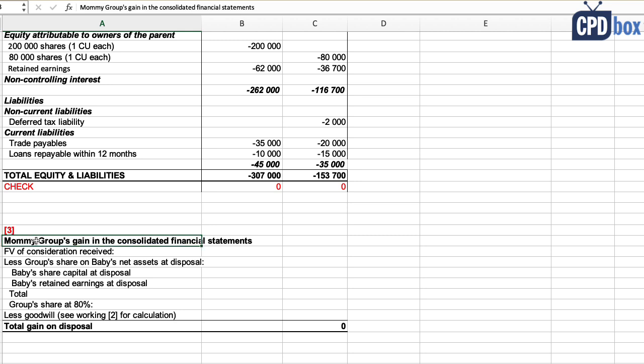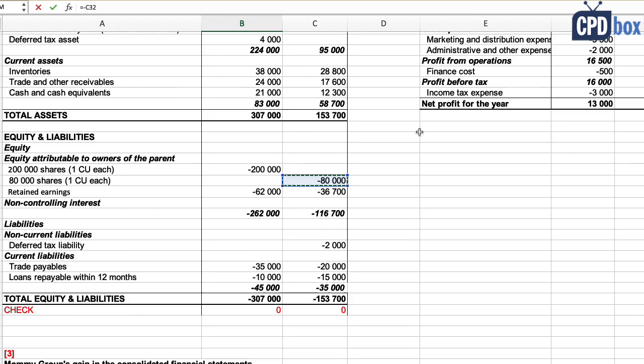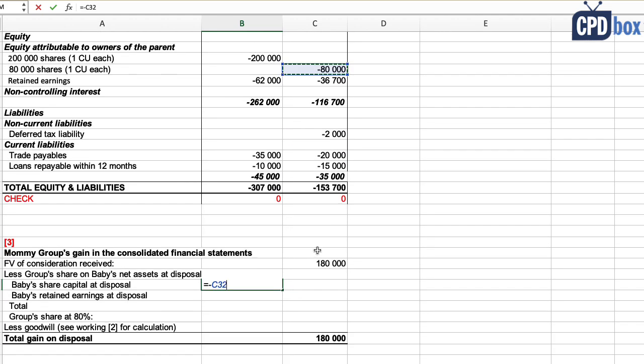Let's do this in working number 3. Fair value of consideration received for the shares was 180,000. Less group's share on baby's net assets at disposal. And actually we need to calculate it. So these are baby's share capital at disposal, 80,000, plus baby's retained earnings at disposal. We can see that from baby's balance sheet, 36,700. And so total of baby's net assets at disposal was 116,700.